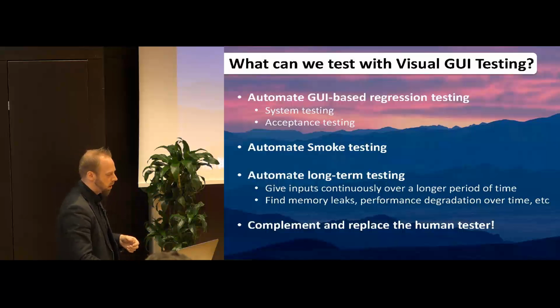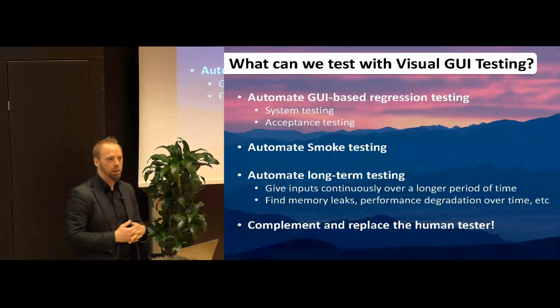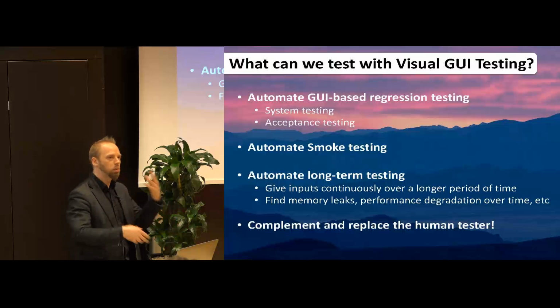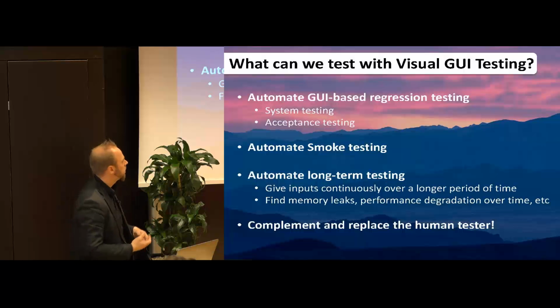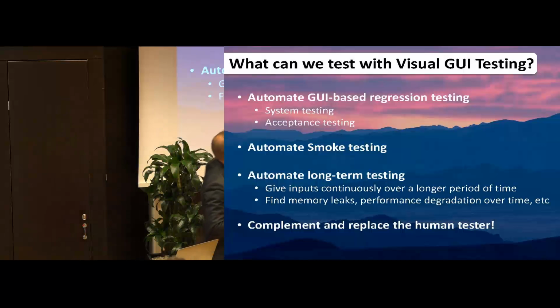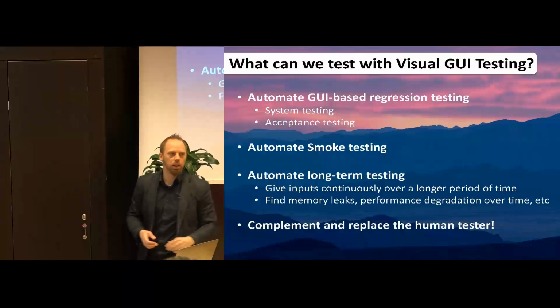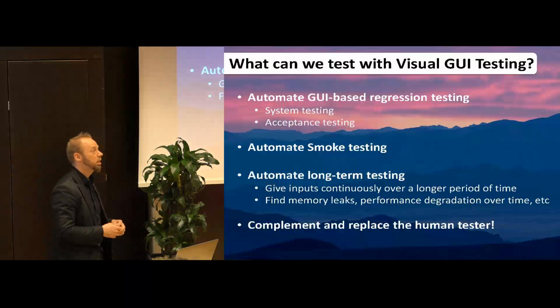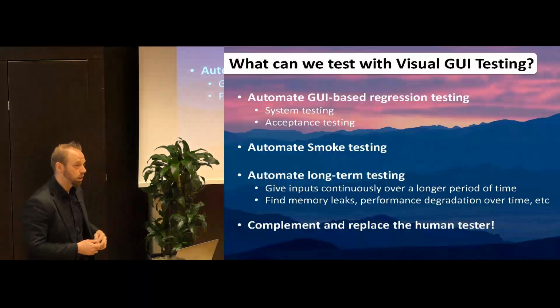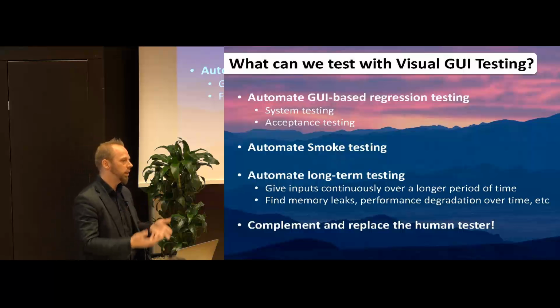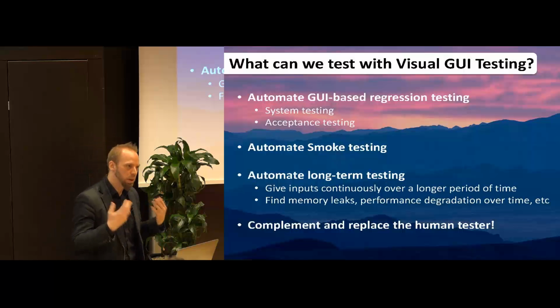And then we also have the possibility of doing long-term testing. This is something that has worked really well in, for instance, Saab, which I've worked with. They created a script that randomly clicked around. The reason they did this was to find a memory leak that had existed in their system for 10 years, but they had not been able to replicate the failure condition.